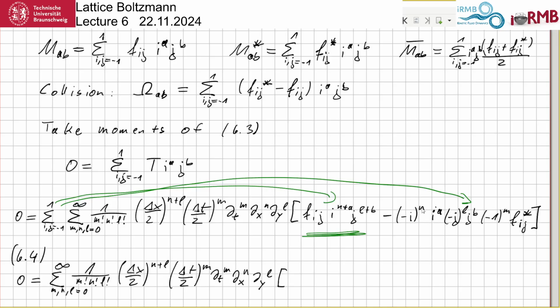So in the other case, when this is even, then we get a difference of them. So we'll have either the overbar version or the omega version. So let's write the overbar, m overbar.